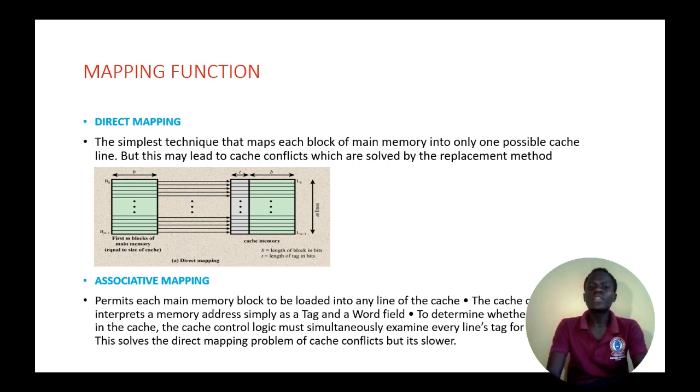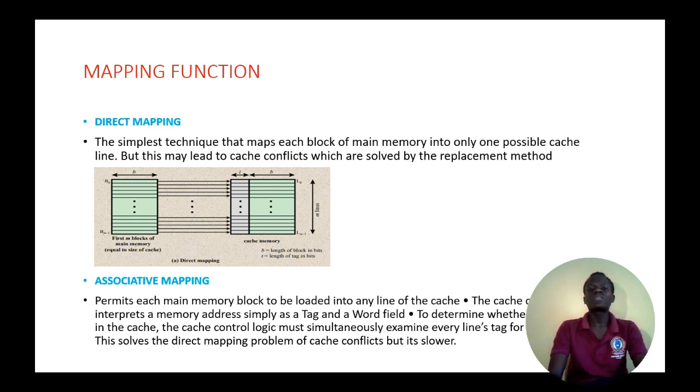By cache conflicts we mean an instance where two different blocks from the main memory are assigned to one single cache location. So the computer has to do away with one block of data to remain with one, because each block in the cache memory only holds one block from the main memory.